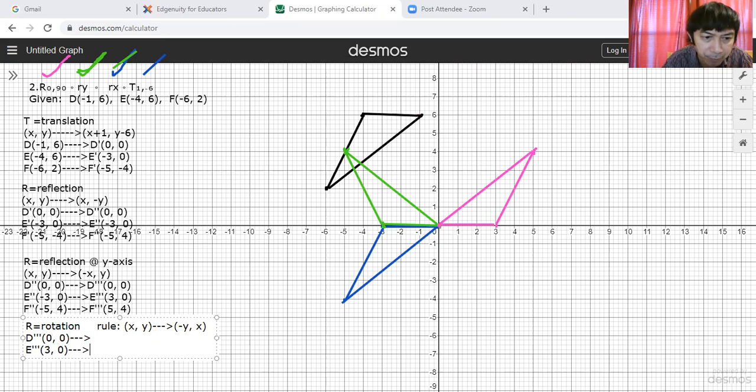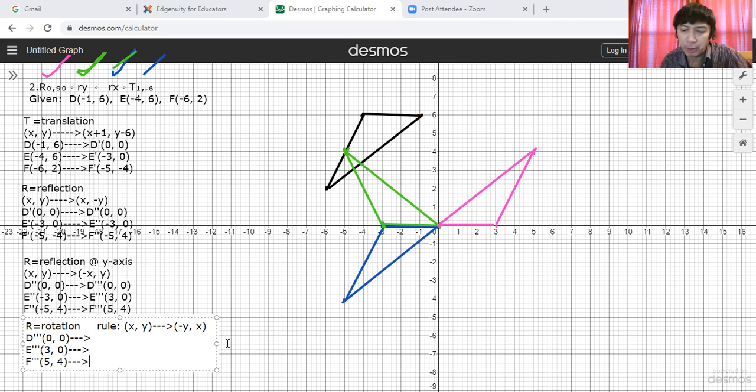And we put the arrow, and then the third and final point, f triple prime, and that will be 5, 4. And we obtain this from the previous. The previous output will be the input here.